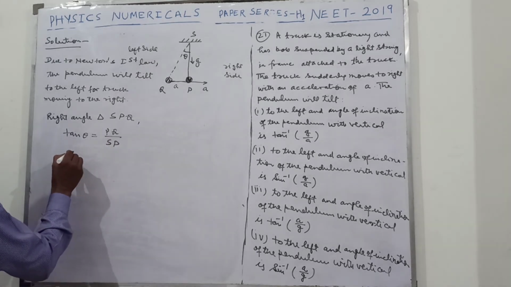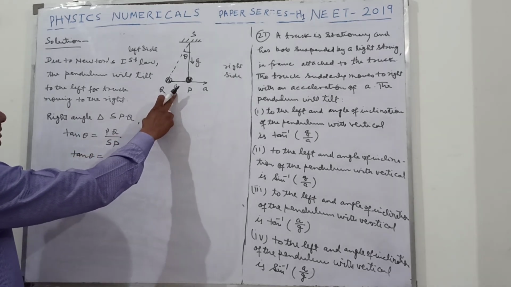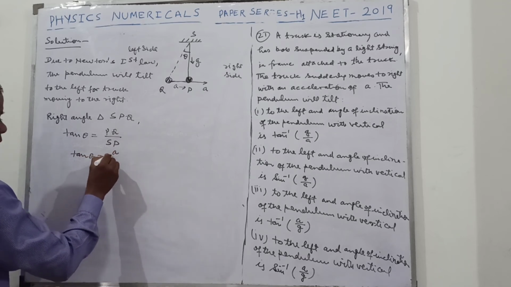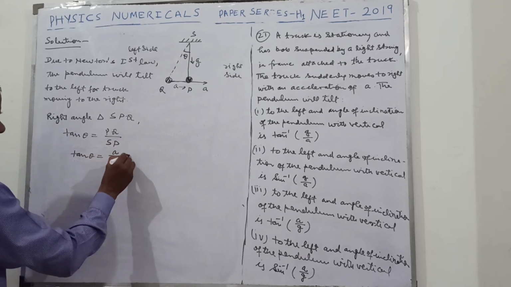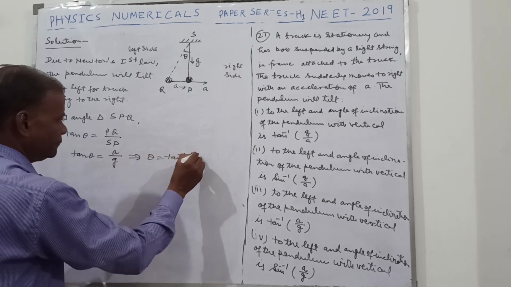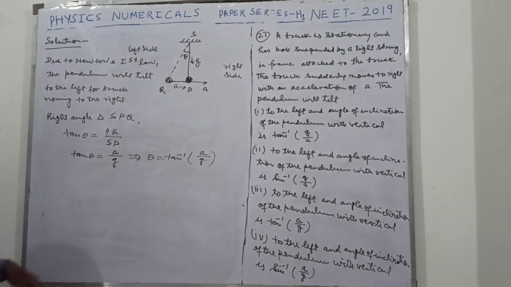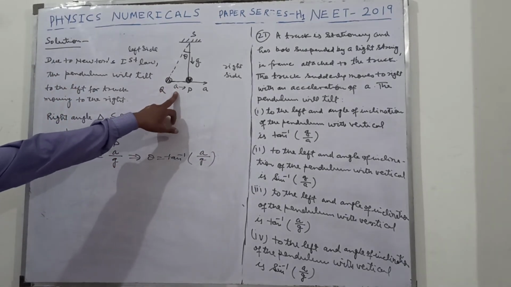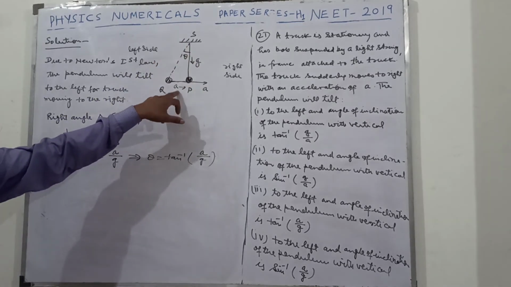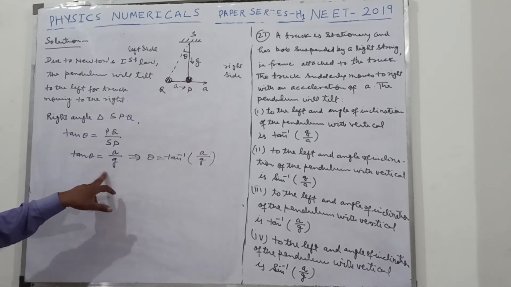So this PQ will be represented by A, the acceleration, and this is your G. So theta equals tan inverse A upon G. This is the horizontal side of the triangle and this is the vertical side, so perpendicular upon the base will give you the value of theta.